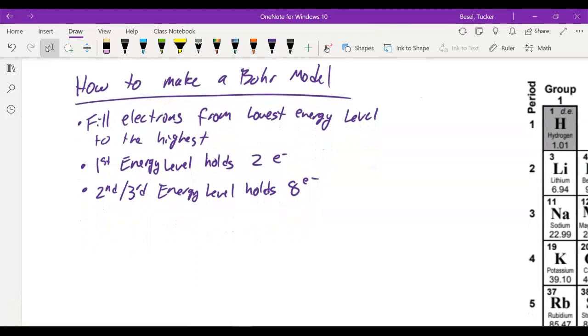And then electrons like to remain unpaired, meaning they're by themselves, unless you start filling up enough of the energy levels.